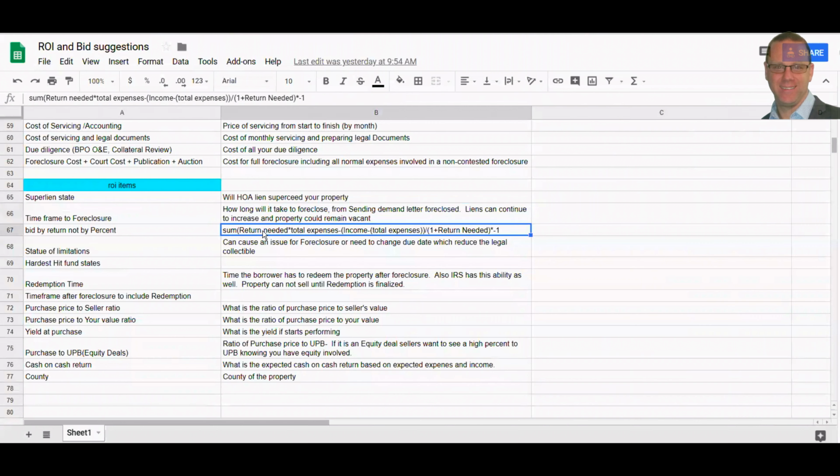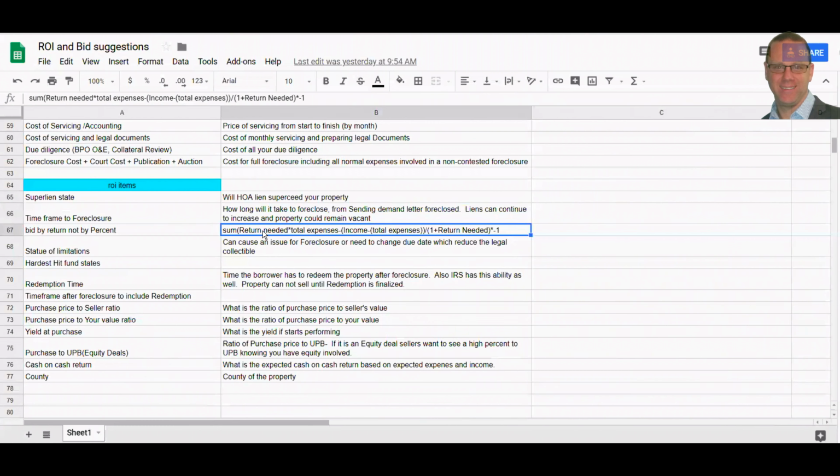This is a huge one as well. Bidding by the return, not by a percent of BPO or UPB. You must bid with the mindset of this is the return I want. I put the formula we use so you know the fact that we're not bidding 55% or 50% or 65% of XYZ.